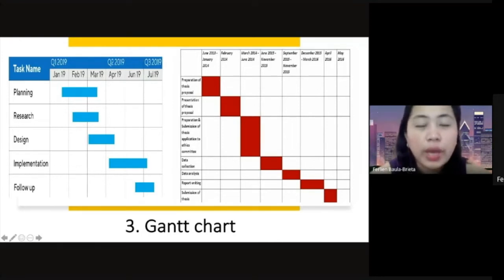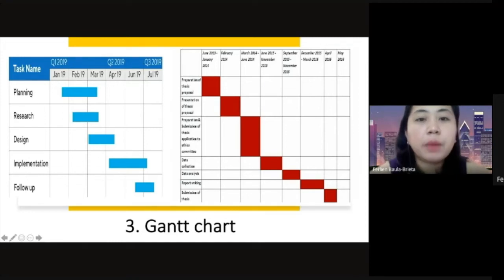Generally, it is useful for planning and scheduling projects, like for our research. A Gantt chart is very useful in order to simplify complex work such as our research.